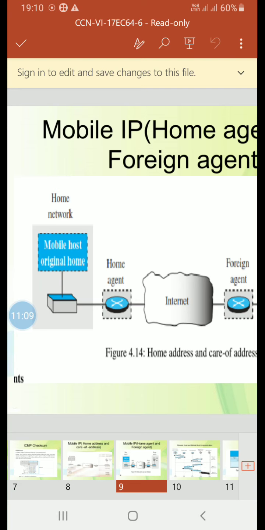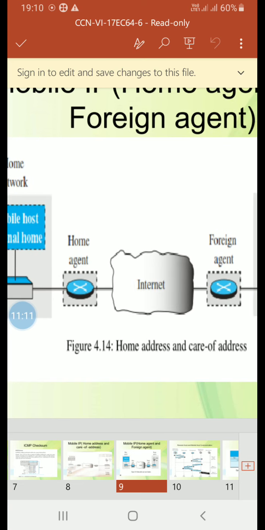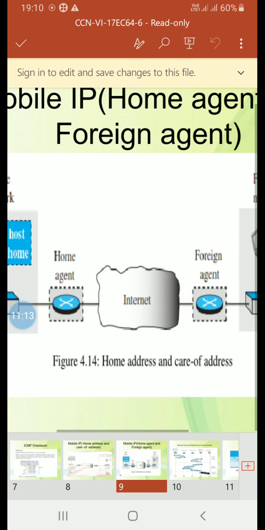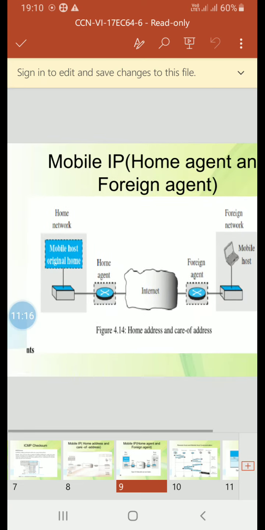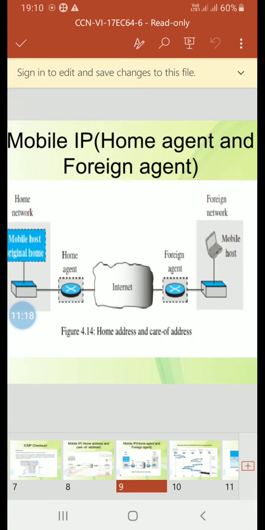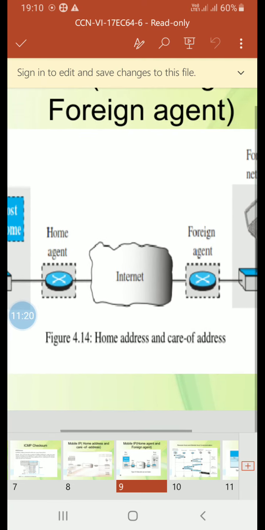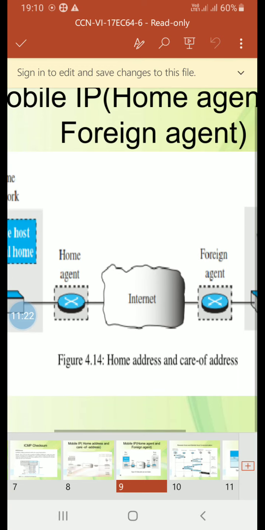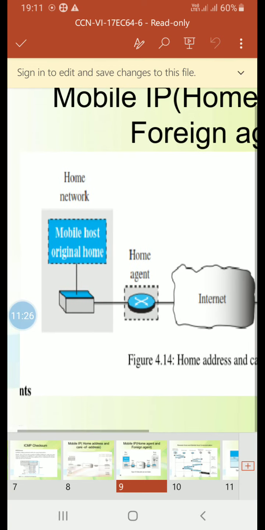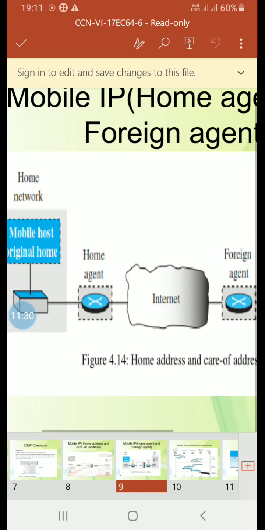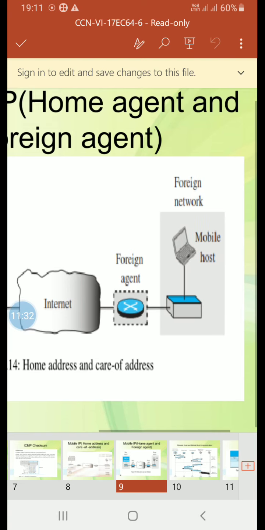This figure shows the position of the home agent and foreign agent. You can see the home agent relative to the home network, and the foreign agent relative to the foreign network.